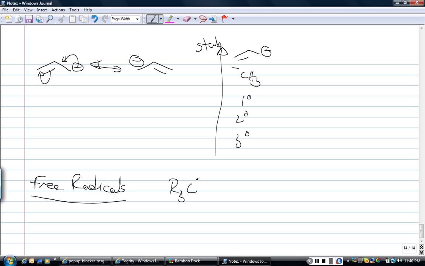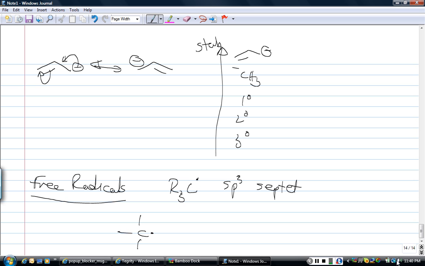So these carbons are by and large sp3 hybridized, although there's some good evidence that it's actually not, but leave it as sp3 hybridized. The carbon has a septet of electrons. So I have a carbon that has 3 groups on them with a dot. So again, this could either be H's or R's.